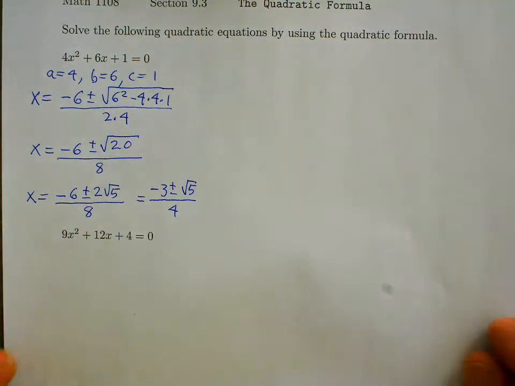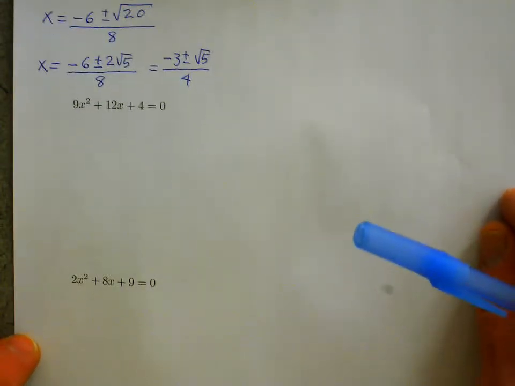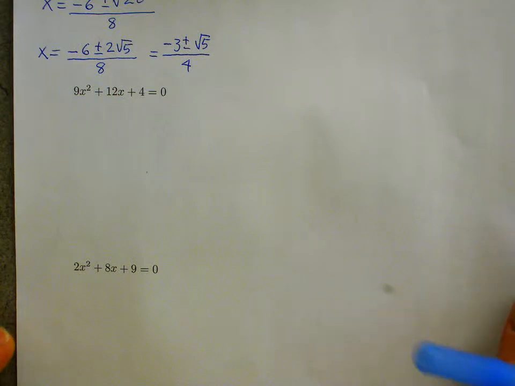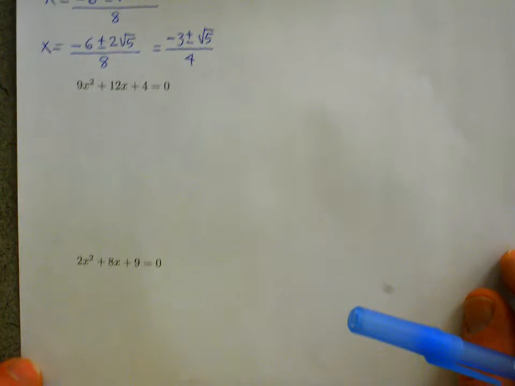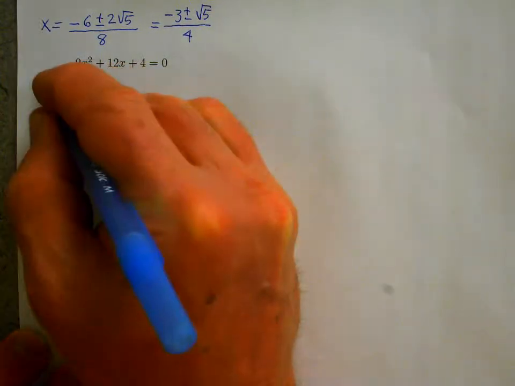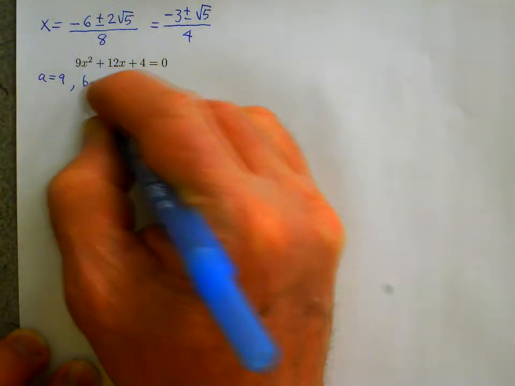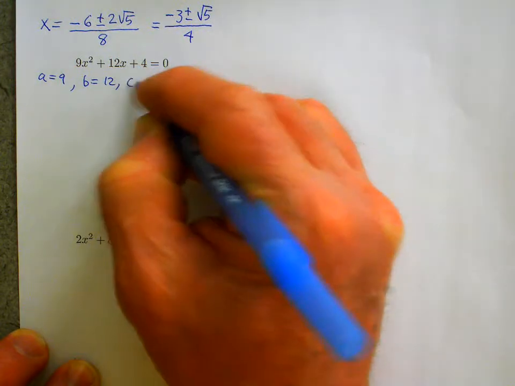Okay, let's solve the next equation using the quadratic formula. 9x squared plus 12x plus 4 equals 0. Okay, on this one, a is equal to 9, b equals 12, c equals 4.